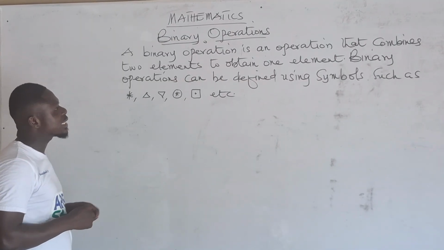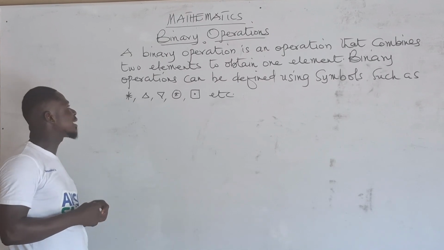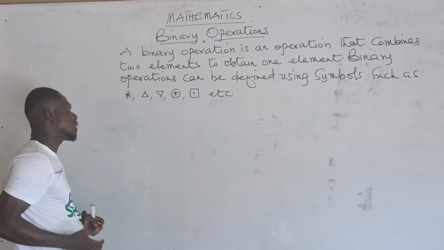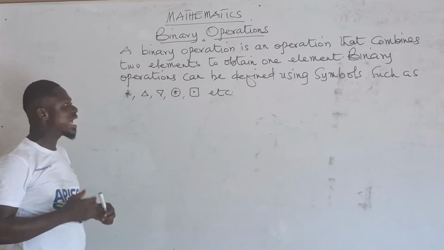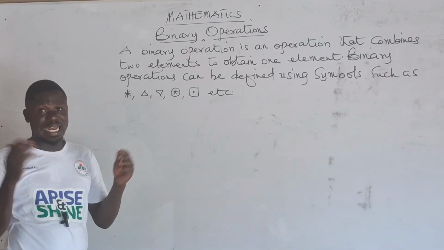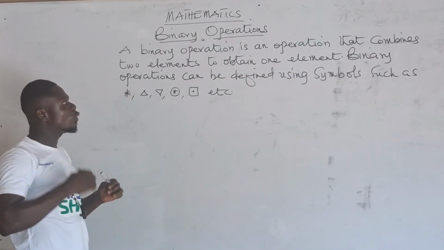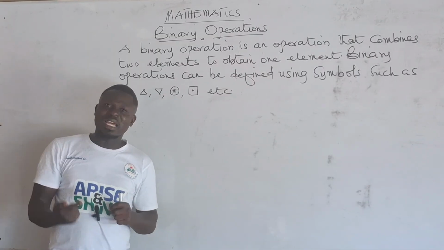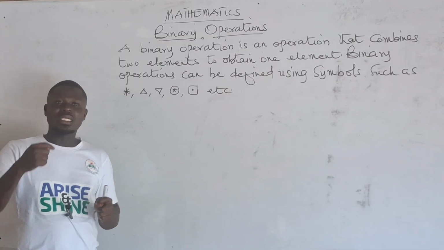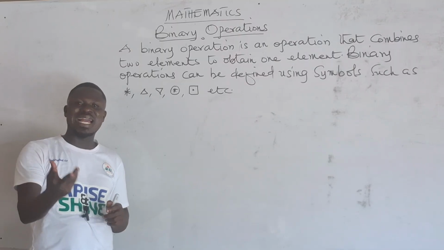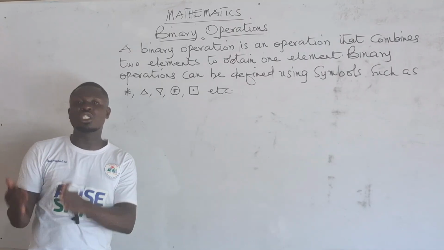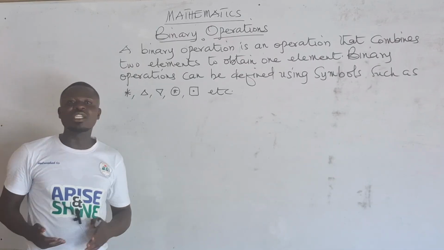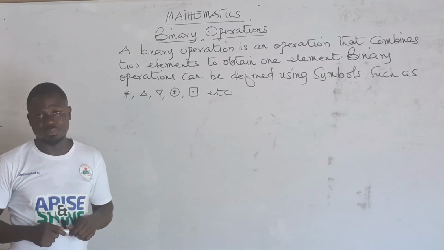Binary operations can be defined using symbols such as star, delta, nabla, a circle with a star, a square with a dot, and others. When we say a binary operation, it is all about when a certain operation combines two elements to produce another element. We say that such an operation is a binary operation.